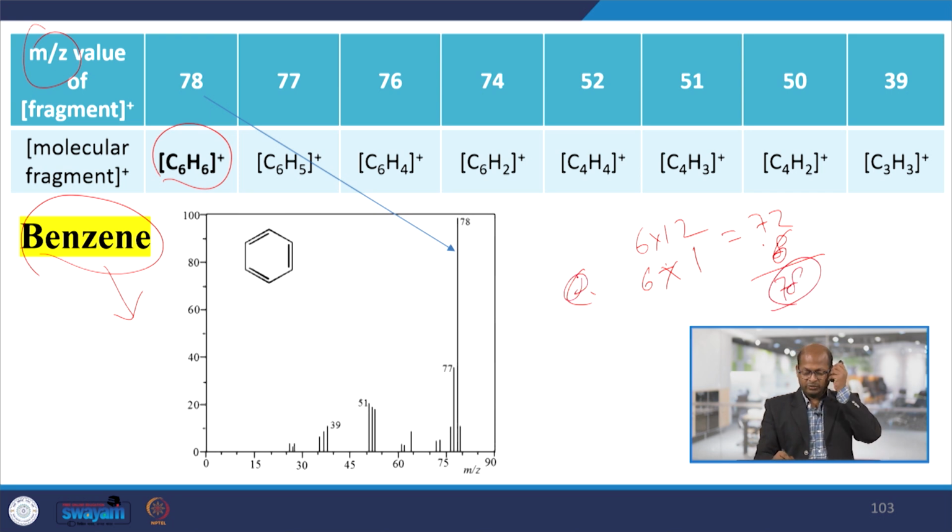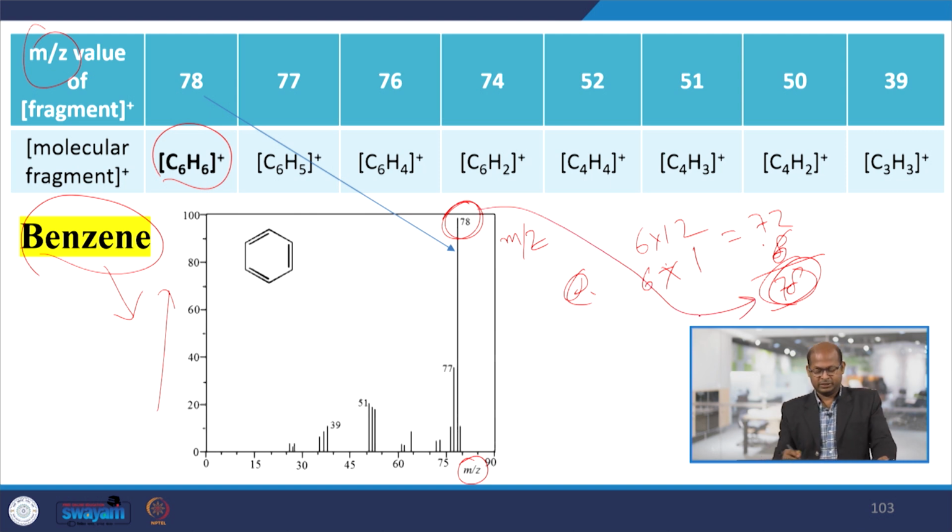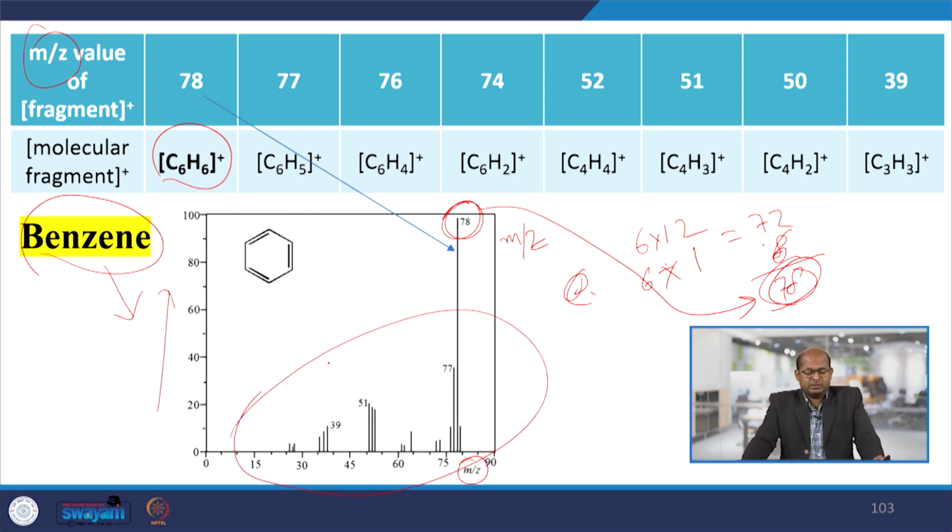So, benzene's molecular weight is 78. Here you can see m by z on the x-axis and intensity on the y-axis. When benzene is detected, the highest molecular fragment coming has m by z of 78. With this we can say the compound benzene is present, and this MS spectrum is due to benzene.